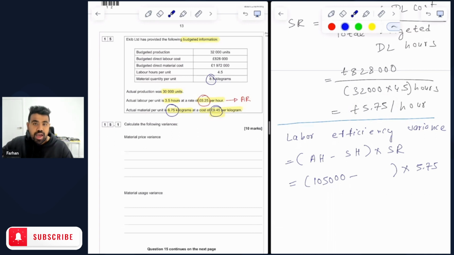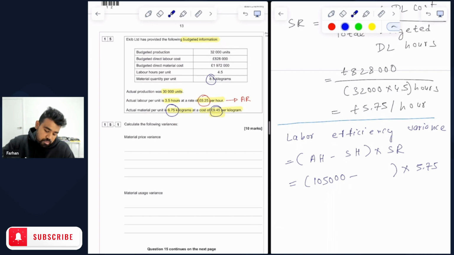So the standard hours that we are going to calculate here refers to the standard hours that we had for 30,000 units, not 32,000 as mentioned in the budgeted production, because otherwise the math wouldn't align, because all these numbers refer to 32,000 units being produced, if that makes sense.